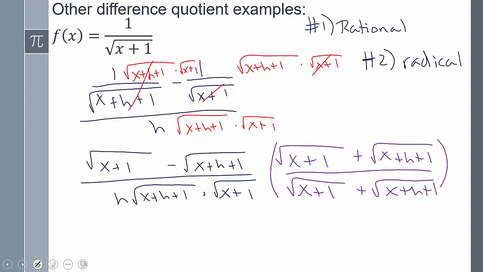Now note, you don't have to worry about distributing all that through, just leave it alone for now. But after you multiply the top through, and you multiply everything, you're going to find an opportunity for the h's to cancel out. And remember, it is the limit as h goes to 0, so once that h cancels out, you'll then plug in 0 for h.